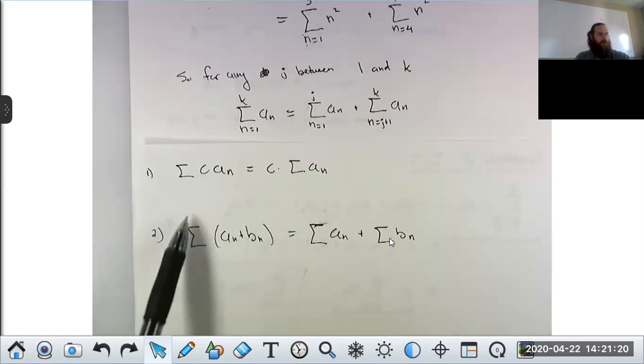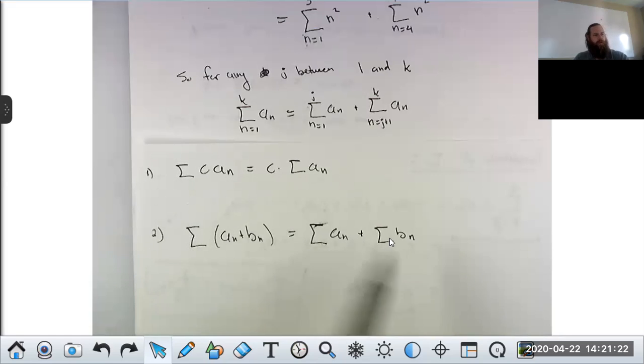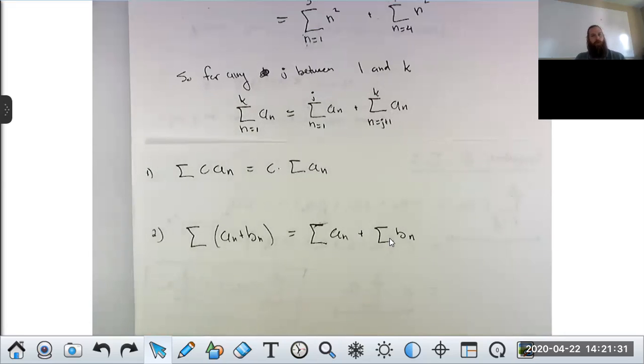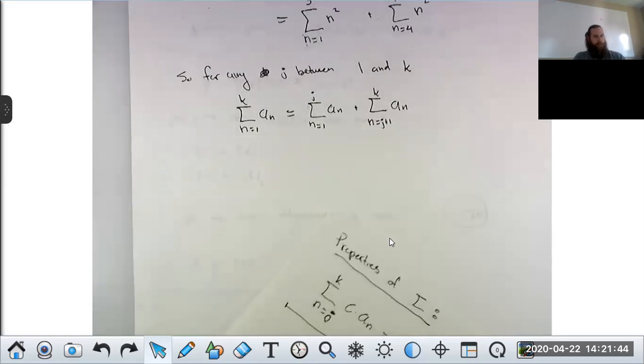I'm just saying I don't care what the indices are. For any indices, this works fine. And this property up here has explicitly to do with the indices, so I have to write them in order to get that to make sense. Cool. Okay.